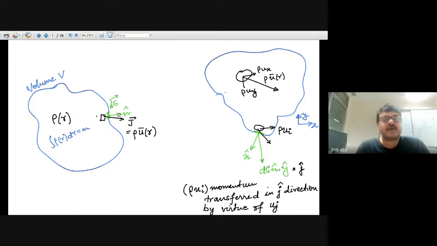which is different from n, then the amount of mass being transported will be equal to j dot n, right? So basically you can take the component of this in the j direction, and that amount of mass is flowing out per unit time, right?